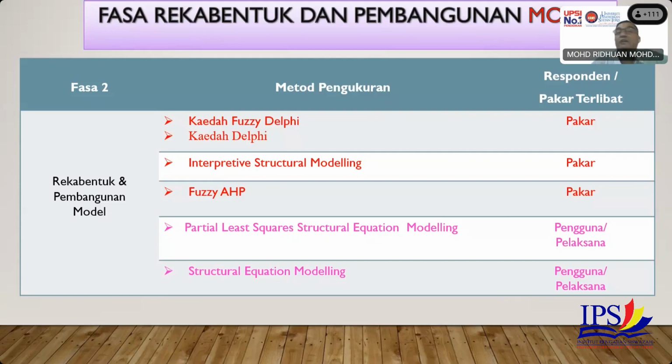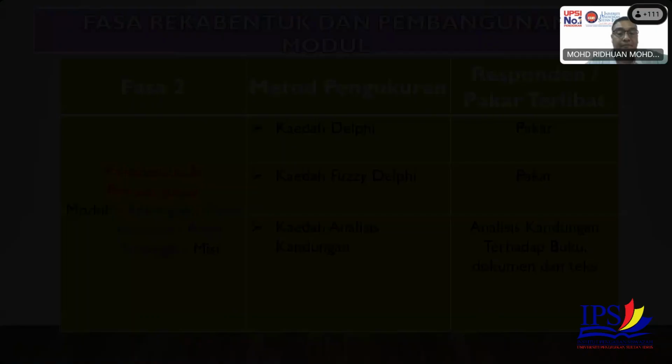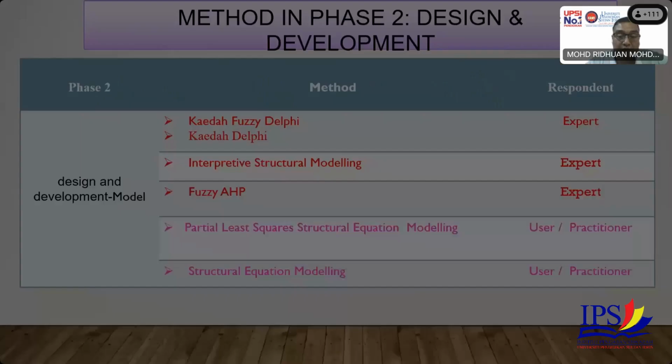The same for interpretive structural modeling, ISM, only 9 to 12. Hevey and Holmes state the ideal number of experts in interpretive structural modeling is 6 to 12. That is the ideal number of experts.